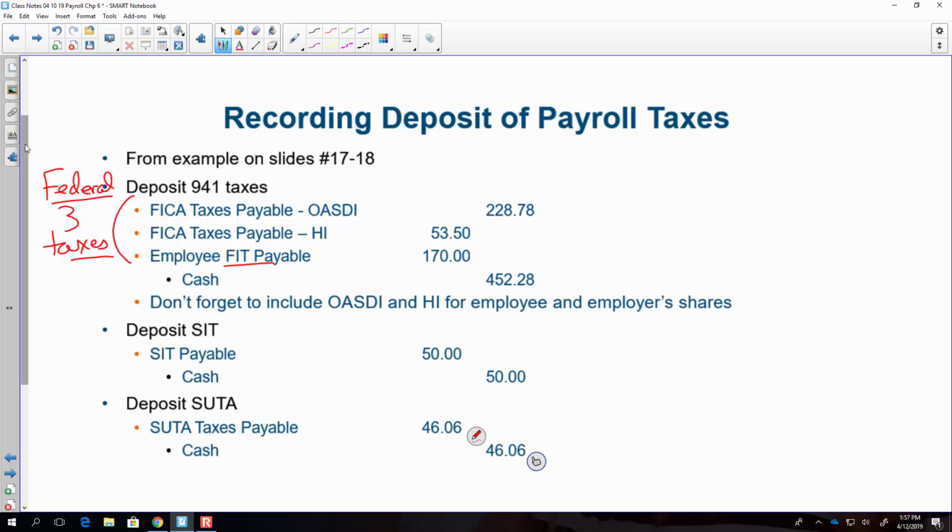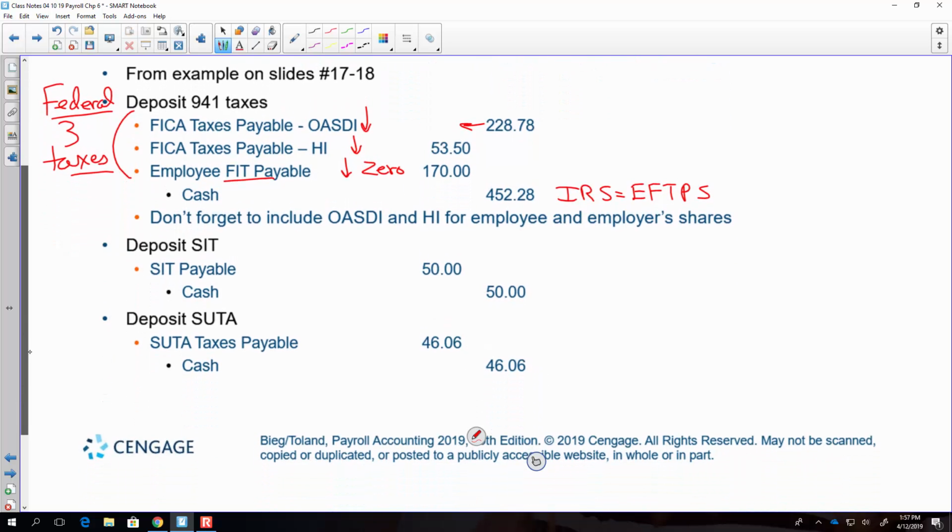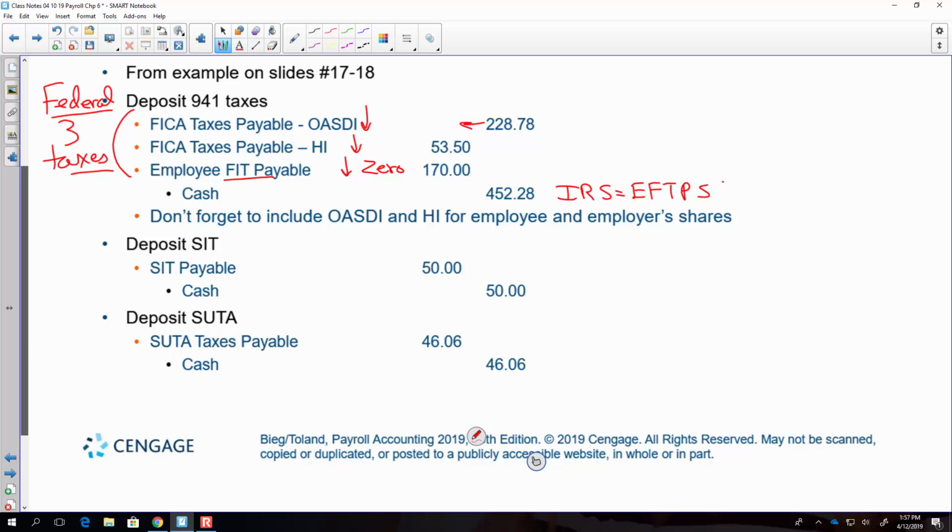They must have had a little move on their Word document or PowerPoint document. Obviously, we're debiting those accounts, right? We're making the balances zero. That's the goal here with this deposit. And then we pay that into the IRS. The IRS gets this check through an EFTPS payment system electronically, basically, so that we are recording this as our 941 deposit.